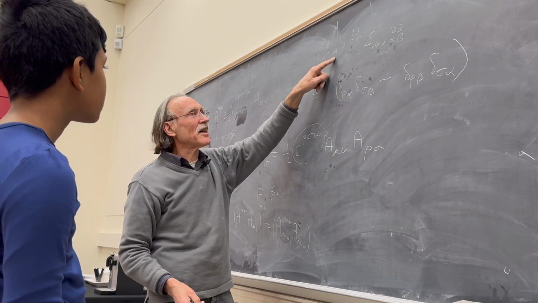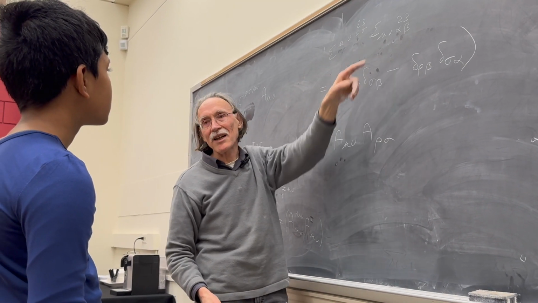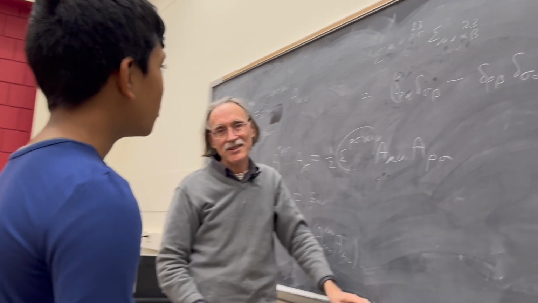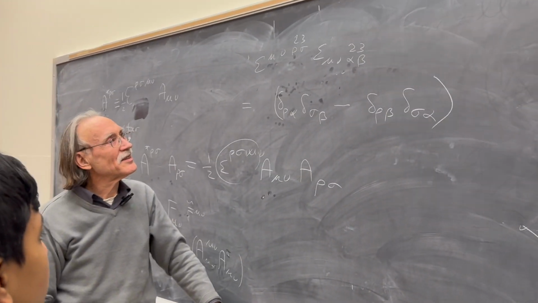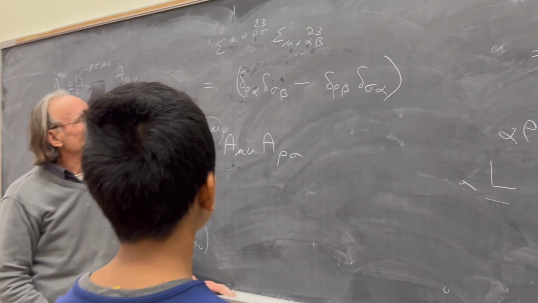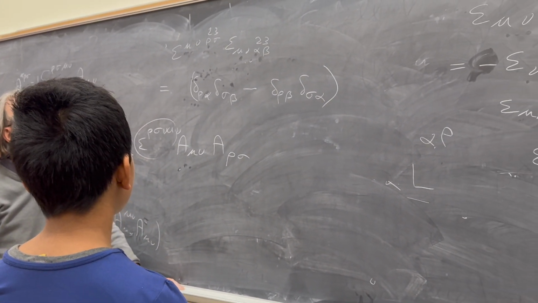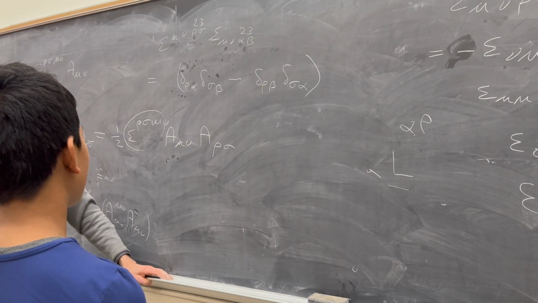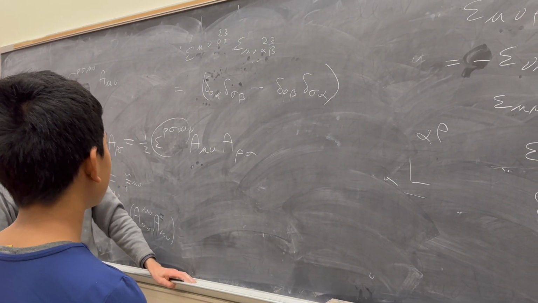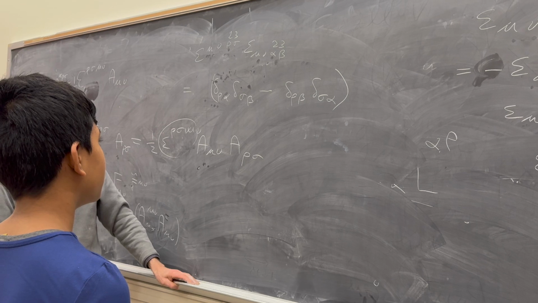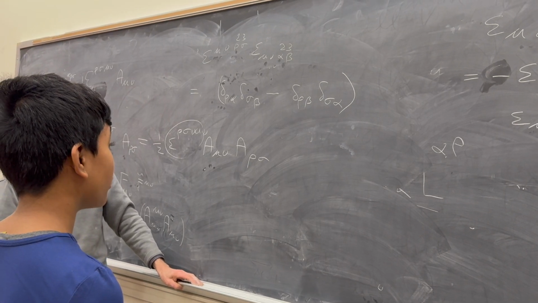So how many terms in this sum are non-zero? They're non-zero when all of them are different. So they're zero when mu and nu are the same, and we're summing mu and nu from 0 to 3. So I'm pretty sure.